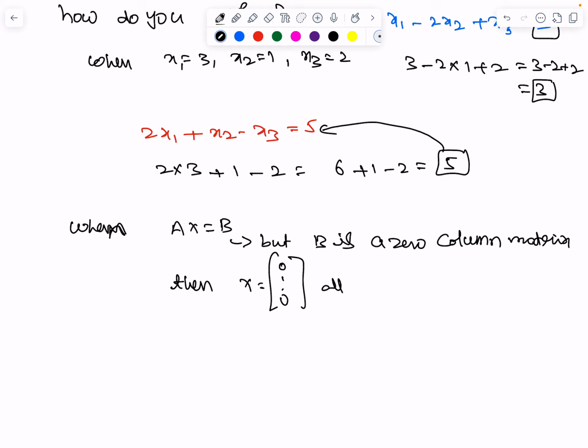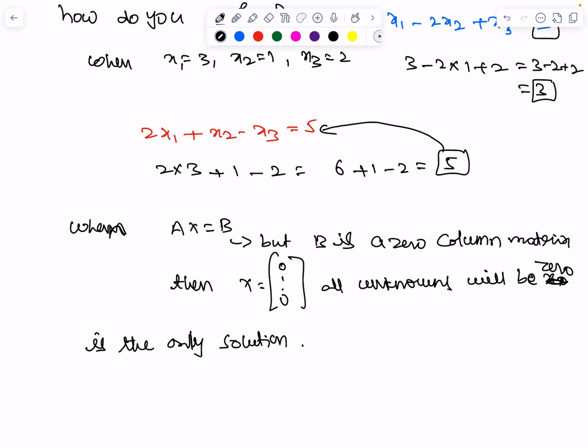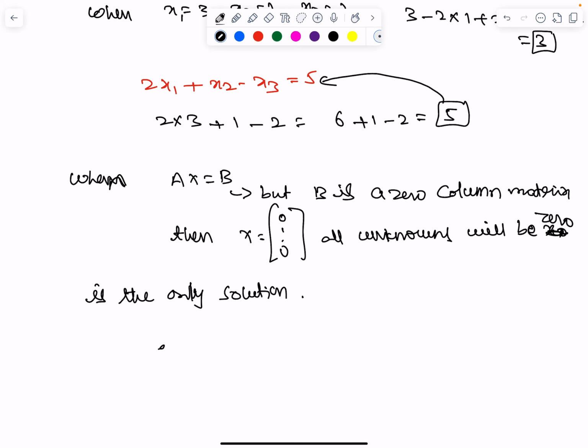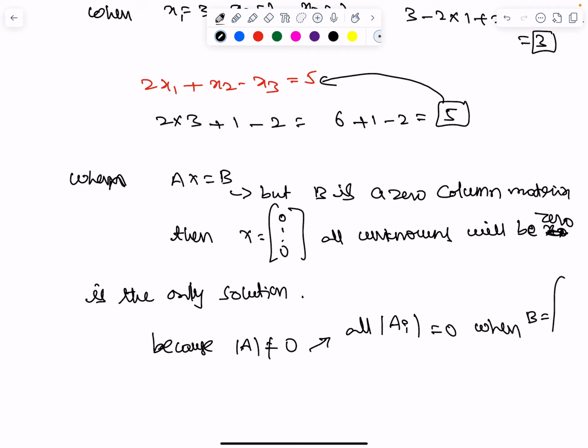All unknowns will be 0. Zero is the only solution, because when the determinant of A is non-zero, all the determinants of Ai are going to be 0 when B is a zero matrix.